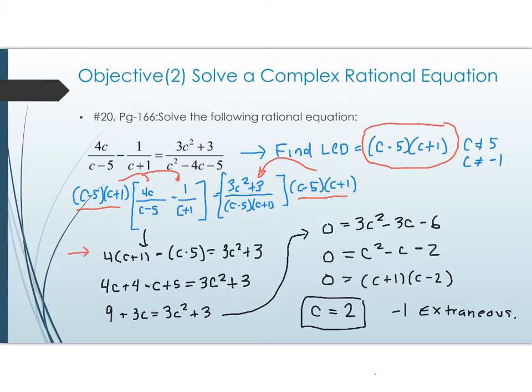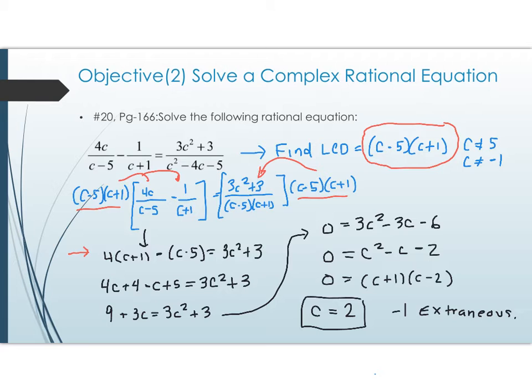When we do that, we get 4 times c plus 1 minus c minus 5. You can see how that works because in the first fraction, the c minus 5's cancel, and I'm left with c plus 1 times 4. And we multiply the second fraction, and we get minus c minus 5 because the c plus 1's cancel.